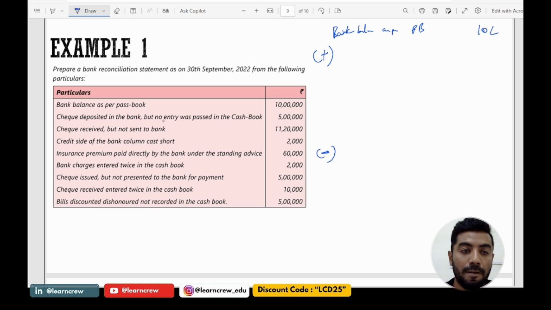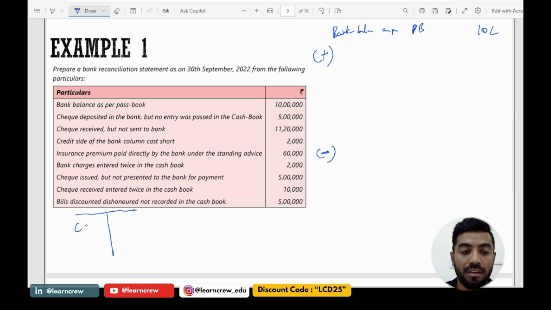So here, first one. Since we have taken passbook, all the changes have to be made in the passbook only, not in the cash book. Checks deposited in the bank, but no entry was passed in the cash book. The bank checks have been deposited, but no entry was made in the cash book. I'll show you how we make it here.